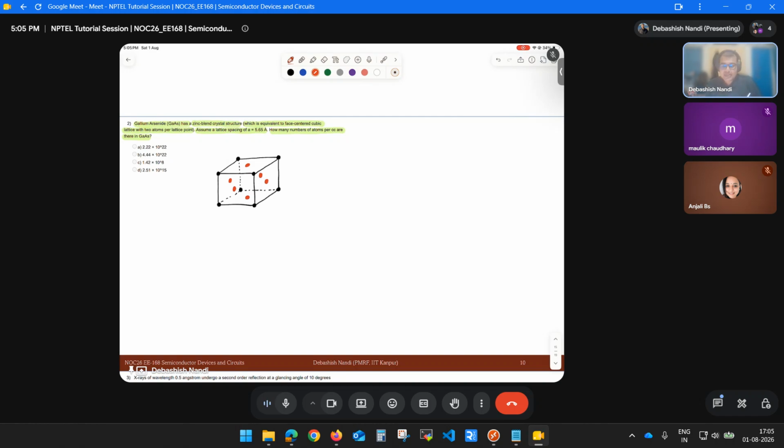But what is mentioned is that it has two atoms per lattice point. That means per lattice point in a macroscopic picture, you will have two atoms each.